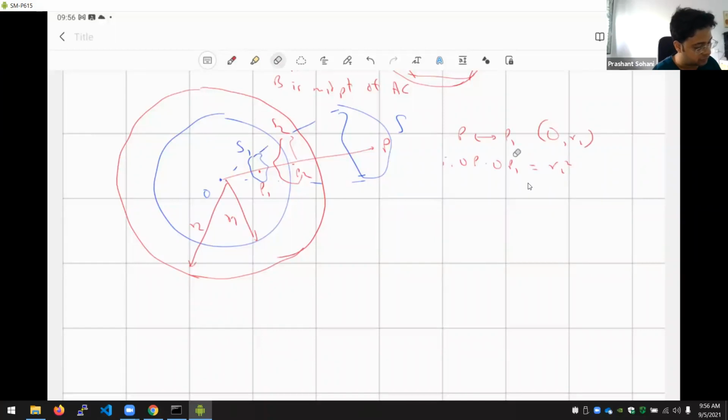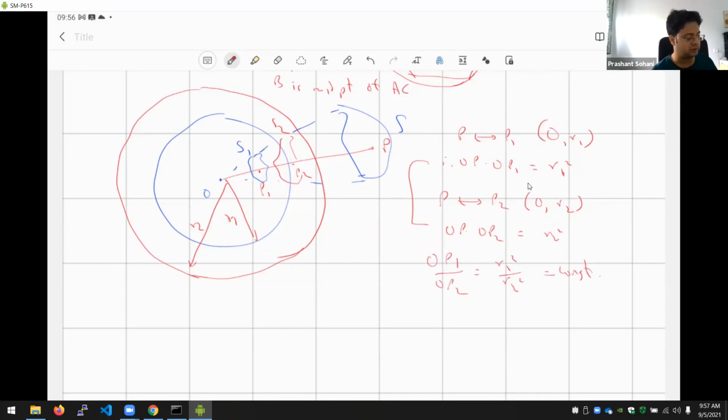Then P and P2 are also inverses, but with a different radius. So we get OP times OP2 equals R2 square. If you put these two together, what is the connection of P1 and P2? If you eliminate P from the equations, you will see that the ratio OP1 upon OP2 is R1 square upon R2 square, which is a constant.